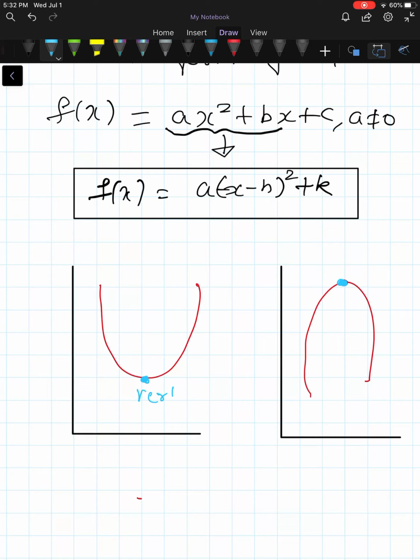This is called the vertex. So this vertex is nothing but h comma k.